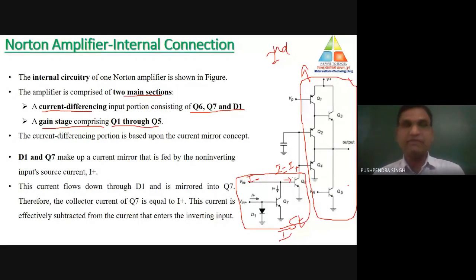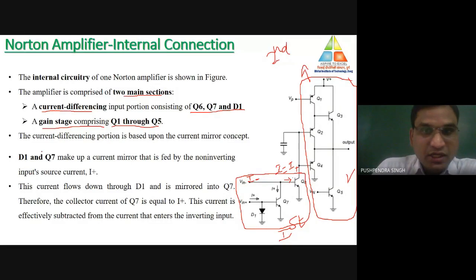Q6, Q7 and D1. Now as the intermediate stage in case of IC 741 produces the necessary gain, here transistors Q1 to Q5 are used to produce the necessary gain of the Norton's amplifier. So this is the complete circuit diagram of Norton's amplifier.